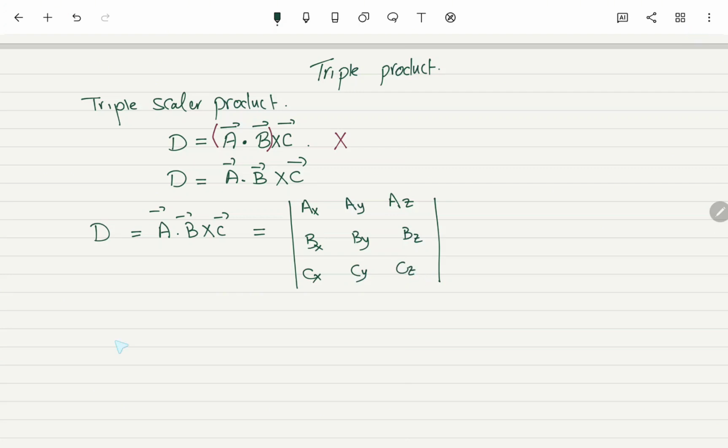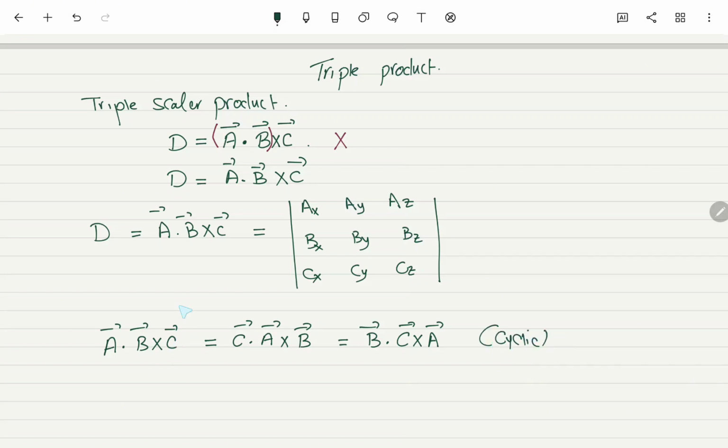It's good to mention that A dot B cross C equals C dot A cross B, which also equals B dot C cross A. So it's cyclic.